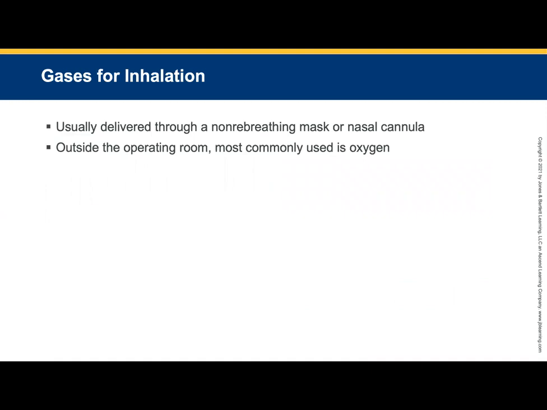So we talked about gases. The majority of ways that we're going to give it is through a non-rebreather, because we're assisting ventilations with 100% oxygen. We're going to be using a non-rebreather mask or a nasal cannula. The non-rebreather is the mask that goes over the nose and mouth and has a reservoir bag. The bag valve mask, BVM, or bag, is what we hold in the EC pattern.